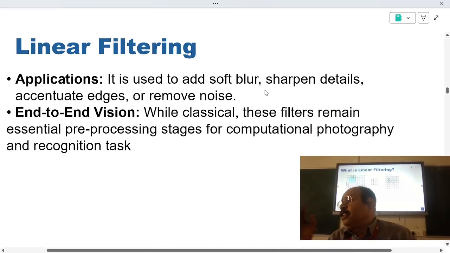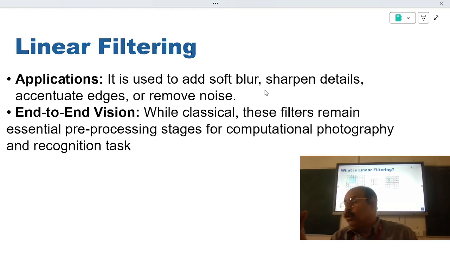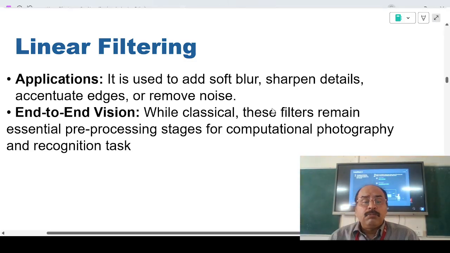So what are the basic applications of linear filtering? You can blur an image. I'll teach you what blurring an image is. You can sharpen the details. You can cut down the edges, attenuate the edges.